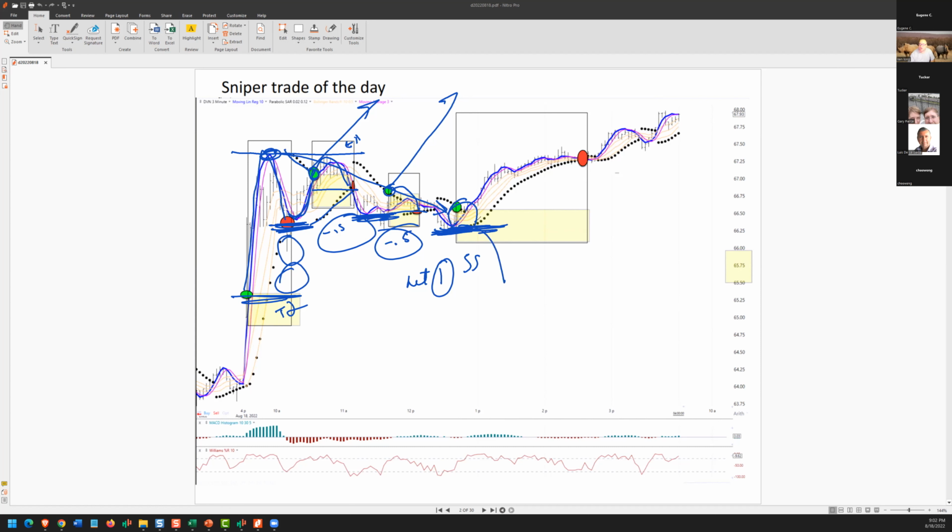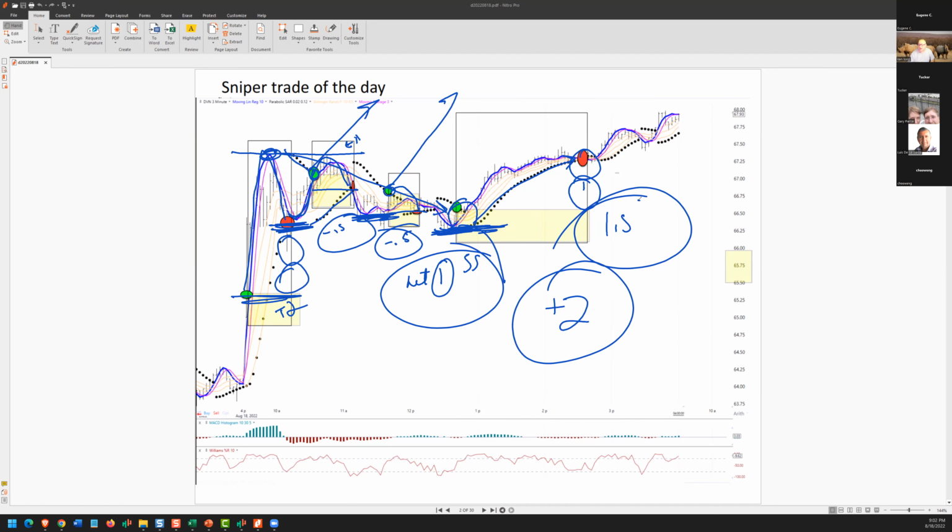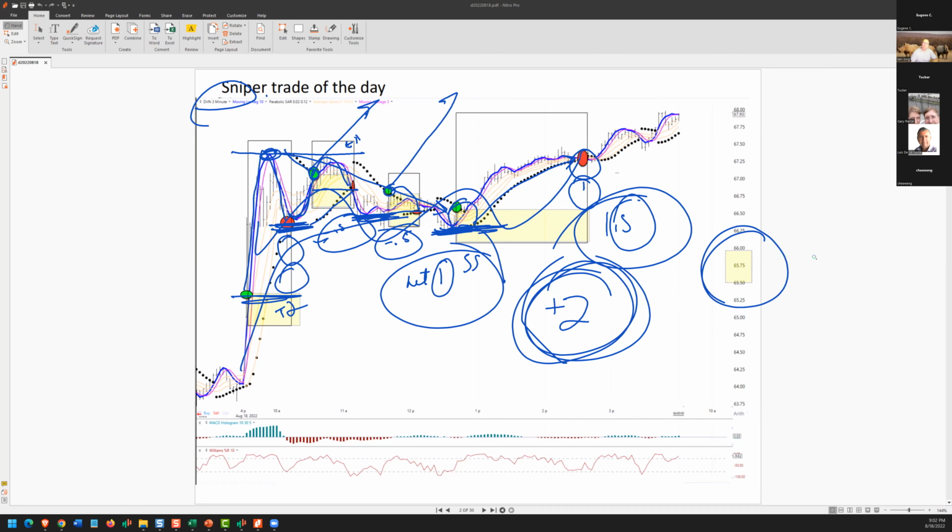It just went up and gives me about another 1.5. So net 1 and 1.5, call it net plus 2 after we pay for all the commissions and slippage and whatever. So that's about a plus 2 day on Devon, trading the 3 minutes. Strongest stock in the strongest sector with a manageable risk box.